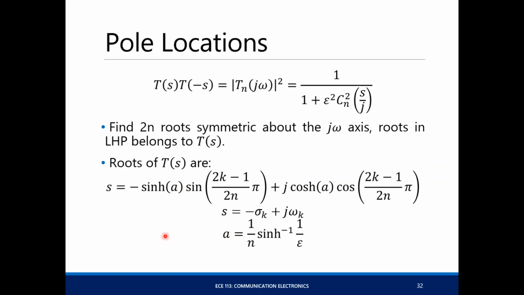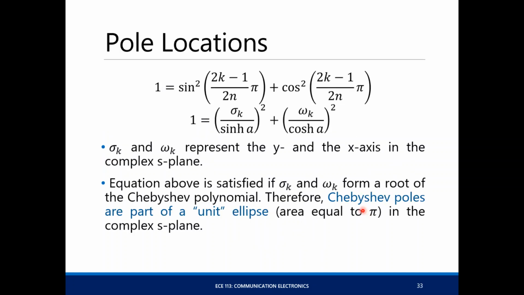From here you can actually solve for an equation. If sigma k and omega k represent the y and the x axis in the complex plane, we isolate them and we get this equation, which defines an ellipse in our complex plane.